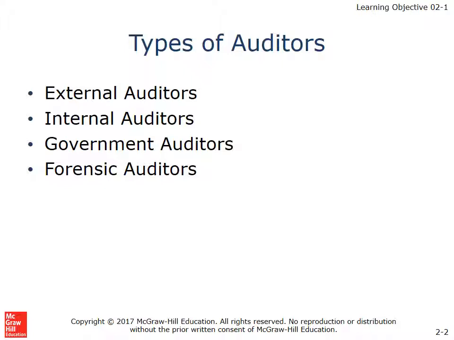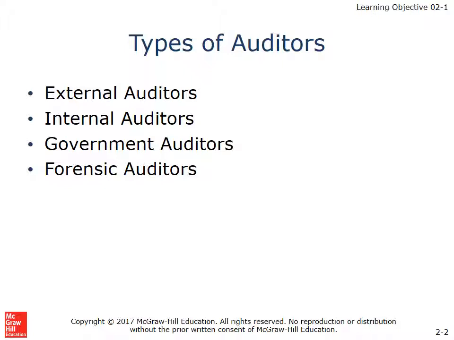Internal auditors. They are governed by the Institute of Internal Auditors. You could become a certified internal auditor, but these are employees of the company who are auditing the company. So they do not have independence from the company.